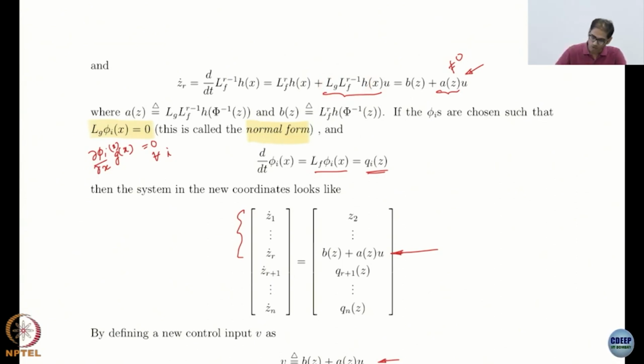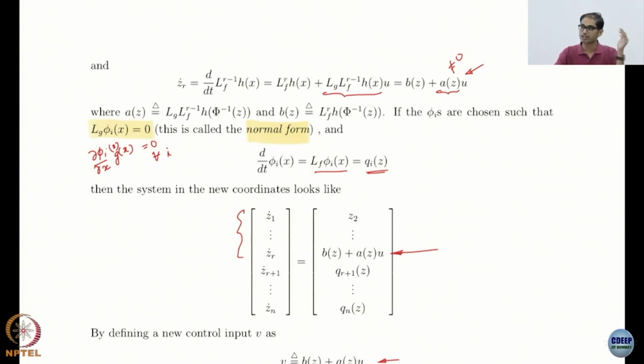Now you know that this is not 0 because of our relative degree R assumption. So I am going to write this as some B(Z) plus A(Z)U, where A(Z) is not 0. That is what the linear part looks like. It is just a bunch of integrators, and then the final state has some nonlinearity in its derivative.